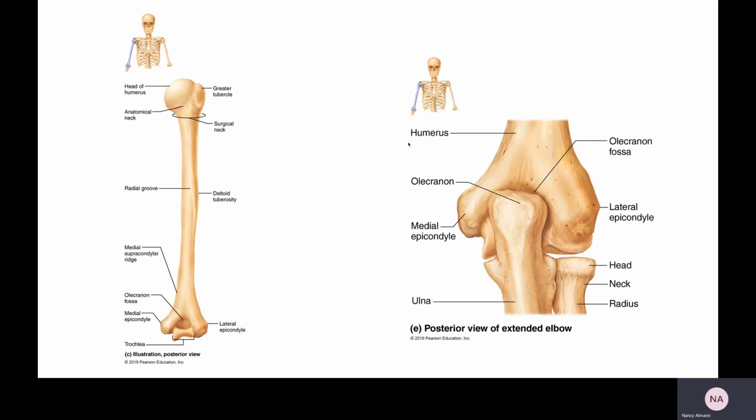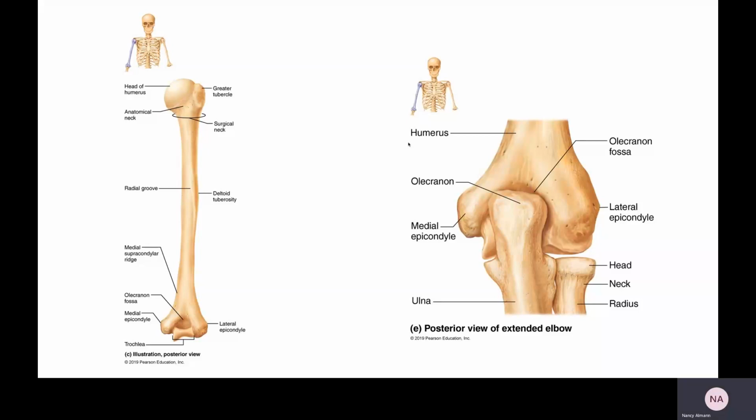Just as an aside, you will see in the diagram on the left, there is the anatomical neck and the surgical neck. You can probably figure out why the surgical neck is named the surgical neck. Yes, because that is where it would be repaired surgically if there's damage. If you are still looking at the left diagram or the image on the left, you can see at the distal end there is what's known as the trochlea.